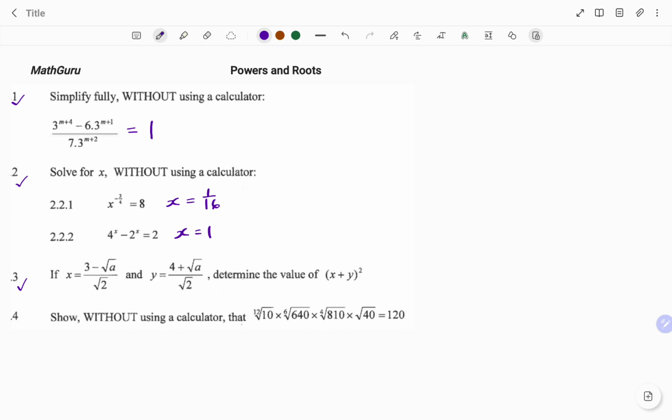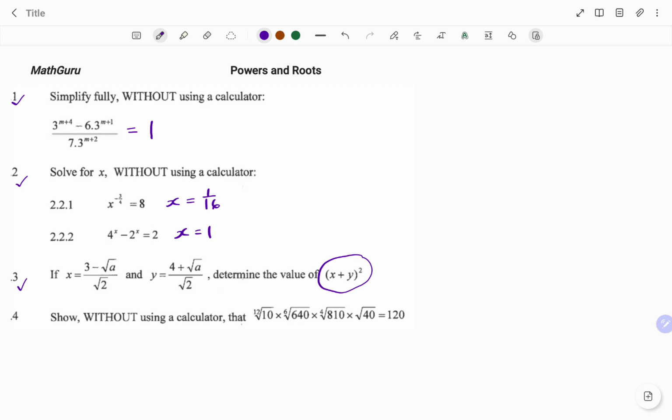For the third part of the question, I have if x equals 3 minus root a over root 2 and y equals 4 plus root a over root 2, determine the value of x plus y all to the power of 2.